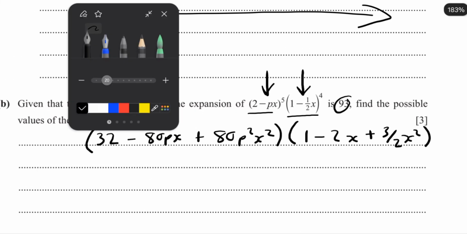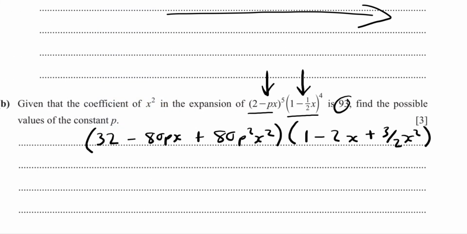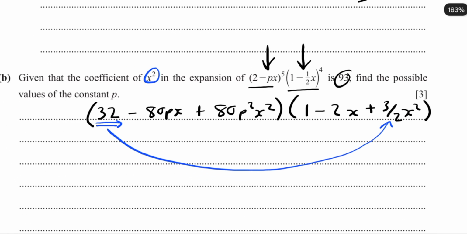And with this now, we will say for us to get terms in x squared, we have to multiply this 32, which is independent of x, and this term in x squared, right? And doing that, we get 32 multiplied by 3 over 2, which is 48x squared, and that will be the first term in x squared. And for us to get the other terms, we'll be multiplying this term in x with the term in x in the other bracket, right?